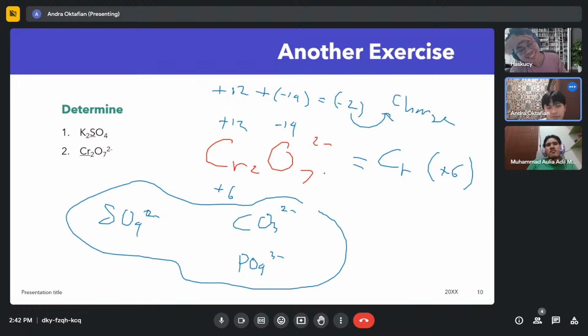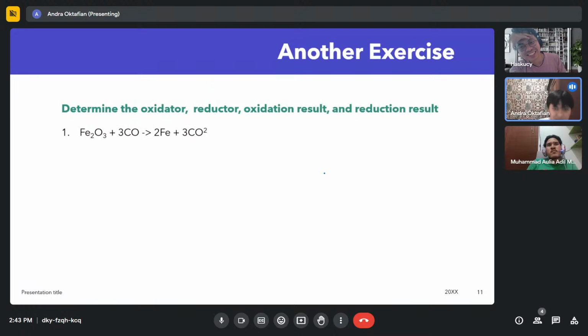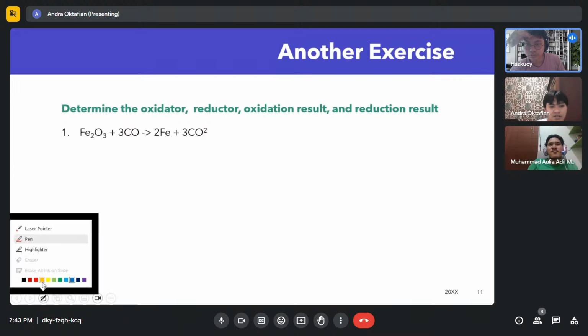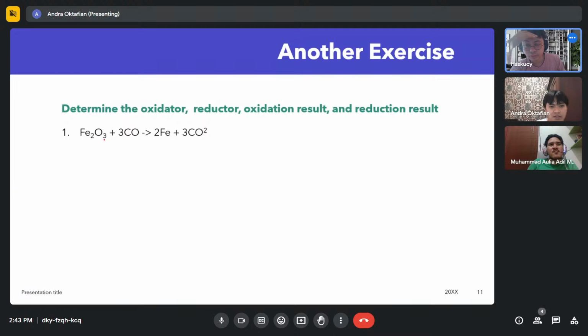Okay. Next. Determine the oxidator, reductor, oxidation result, and the reduction result. Oh my God. Minus 6. So we got minus 6, right? The Fe will be plus 3, right?